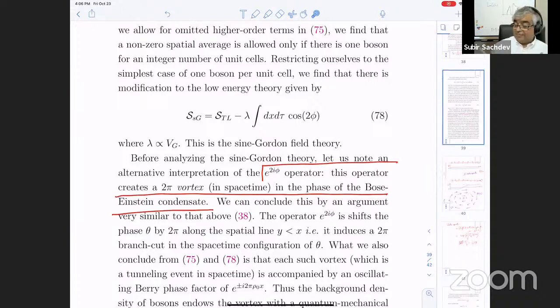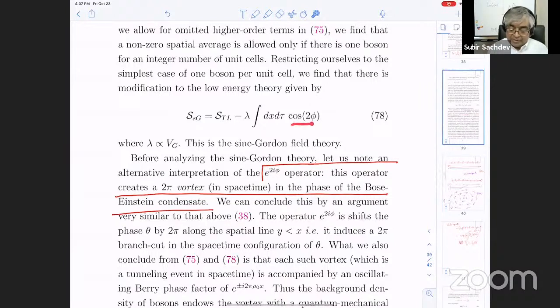So these vortices can appear, and in fact, they'll tend to appear in pairs, and that's also something that this theory tells you when you work out its dynamics. Here we're just saying that there's some operator which creates a vortex at some point. It's a highly non-local operator in terms of theta, but the beauty of Luttinger liquid theory is you can write non-local operators in theta in terms of local operators in phi, and vice versa. So that's the power of what we're doing here.